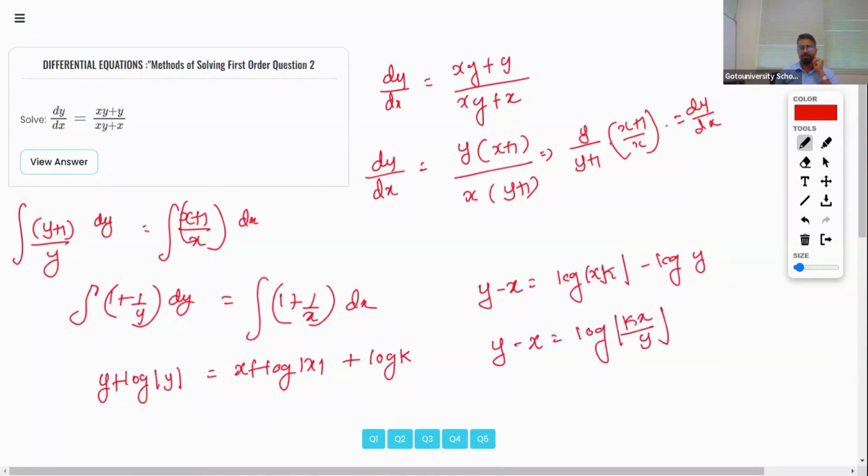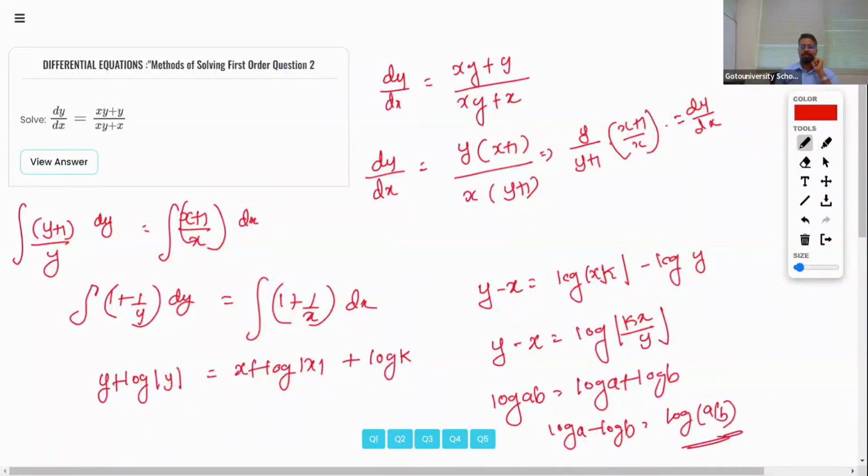Why? Because we know logarithm of a into b is equal to log a plus log b. Similarly, log a minus log b is equal to what? Logarithm of a by b. That's what I'm using. So finally, I want y only here, which is x plus logarithm of k times x by y. That's your answer.